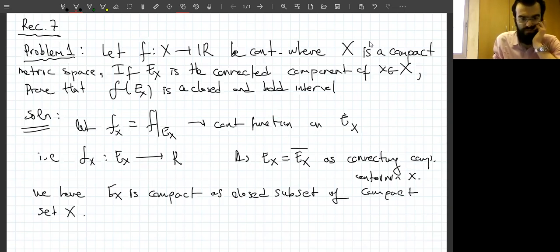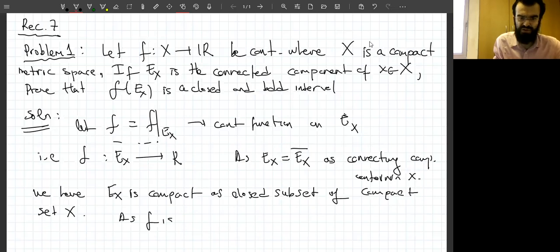So, without the confusion, let me forget the X and write like this, okay? f attains its maximum and minimum.